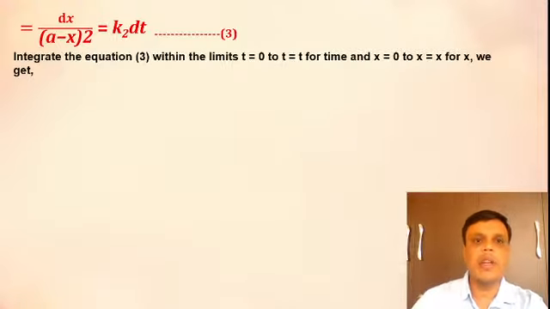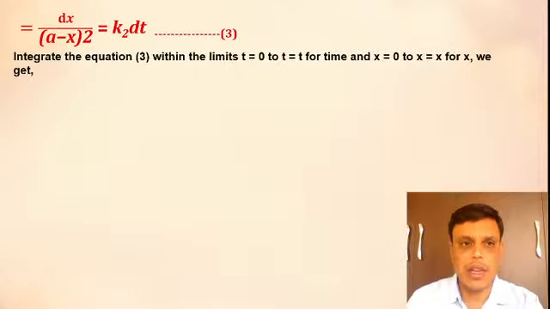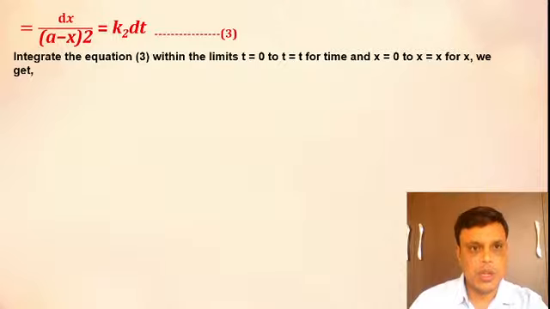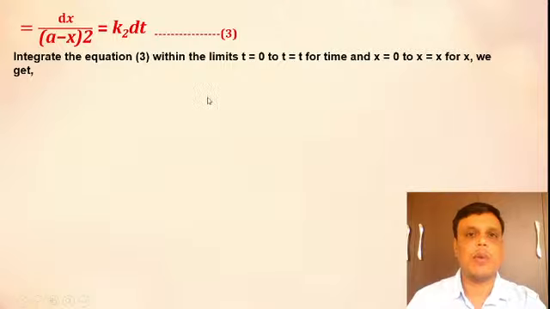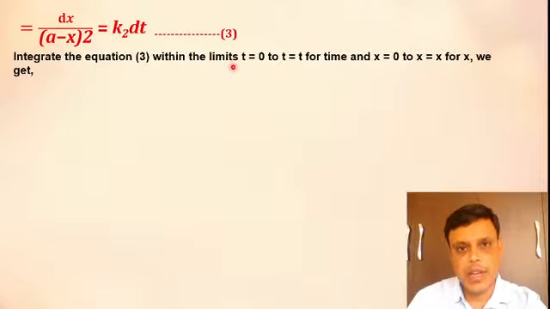Now we will integrate equation number 3 within the limits of time and concentration: for time t equal to 0 to t, and for concentration x equal to 0 to x.